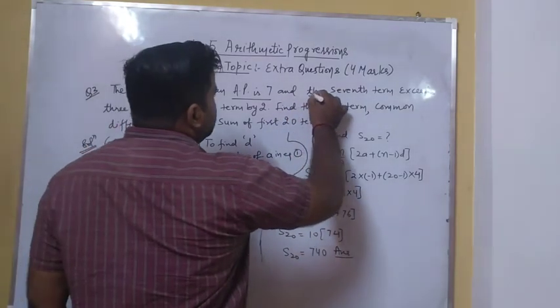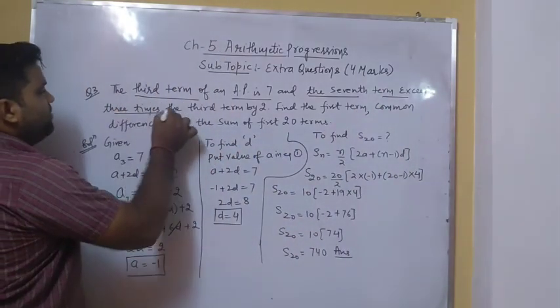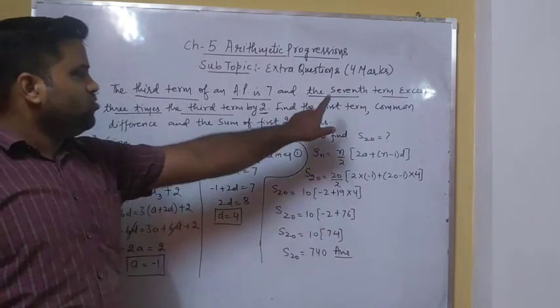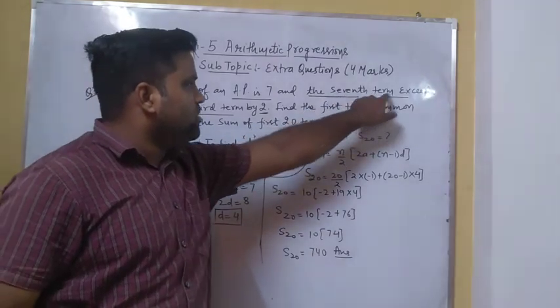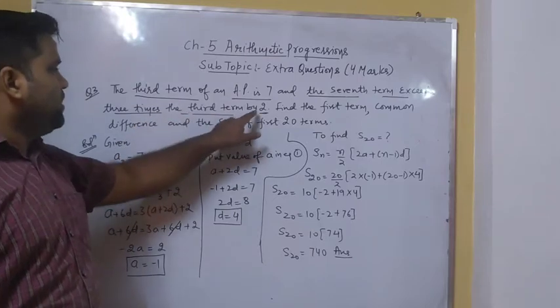Now let us come to the question again. It is given that the seventh term exceeds 3 times the third term by 2.